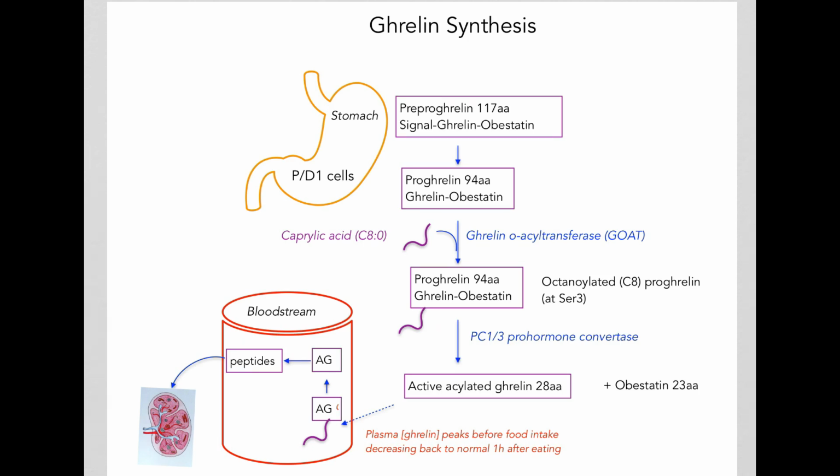So this active ghrelin will travel to different tissues and carry out its effects on the body. Eventually it is broken down into ghrelin. The C8 part is removed, and then this ghrelin is further broken down into smaller peptides which are excreted by the kidney.